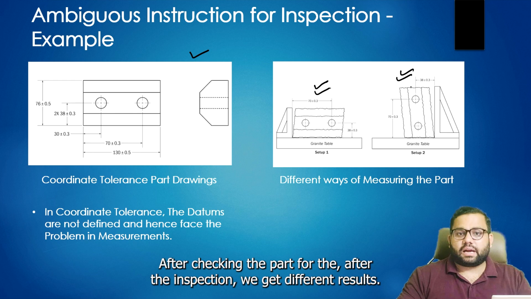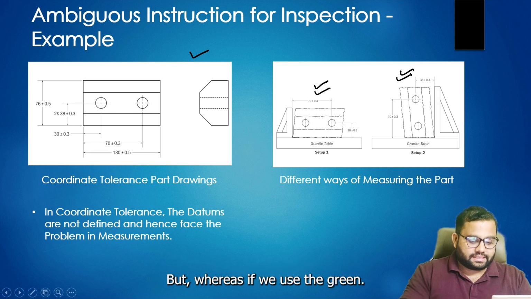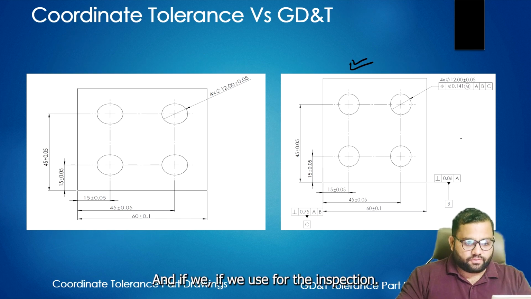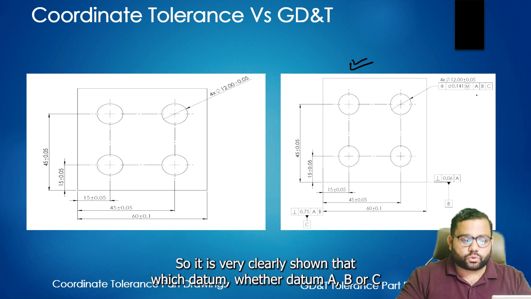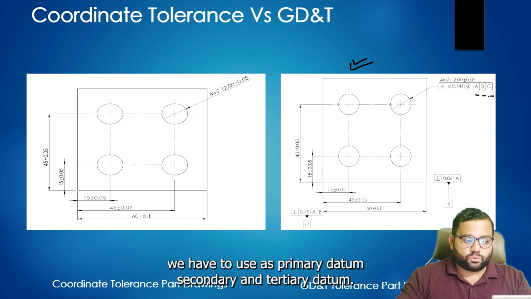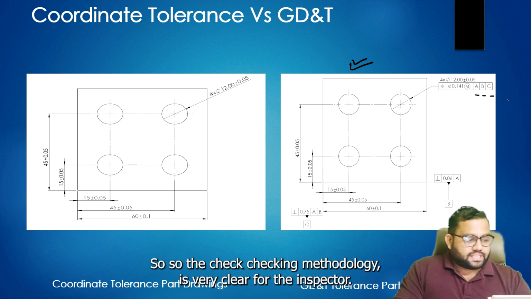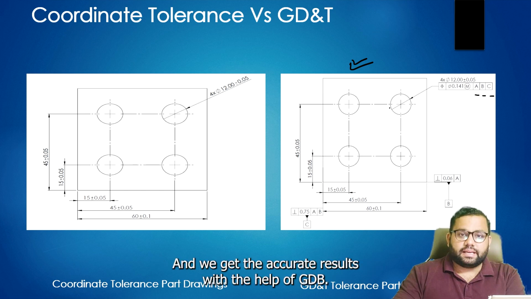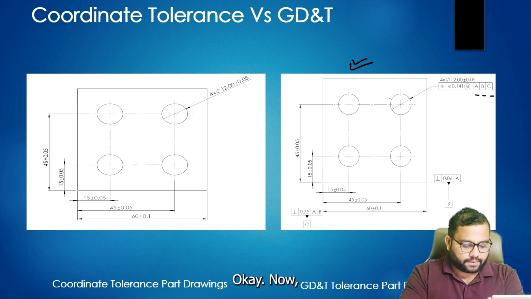But if we use GD&T, this is the example of GD&T, it is very clearly shown which datum, whether datum A, B or C, we have to use as primary datum, secondary datum and tertiary datum. So the checking methodology is very clear for the inspector, and we get accurate results with the help of GD&T.